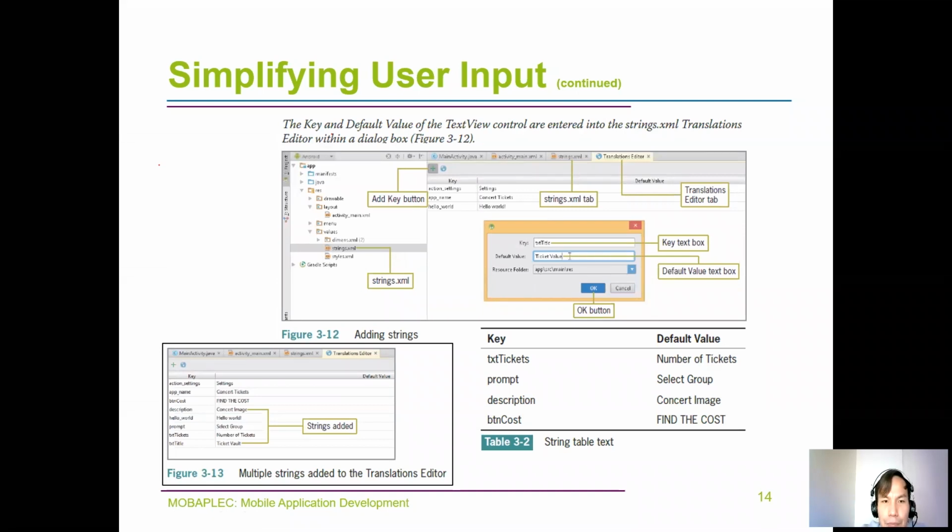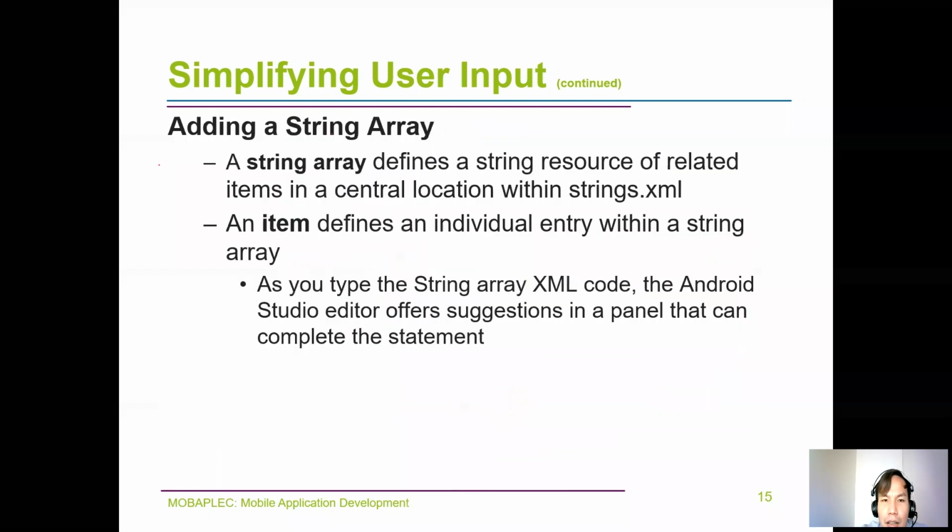So now let's proceed with slide 15 as a continuation. Adding string array: by definition, a string array defines a string resource. Meaning all of the associated declarations of strings are located in string.xml.